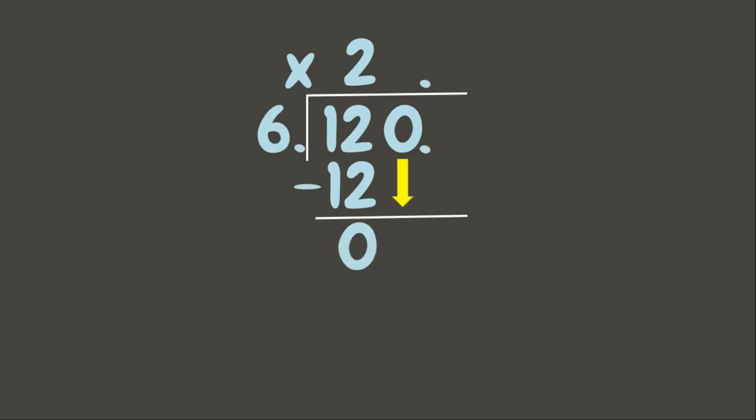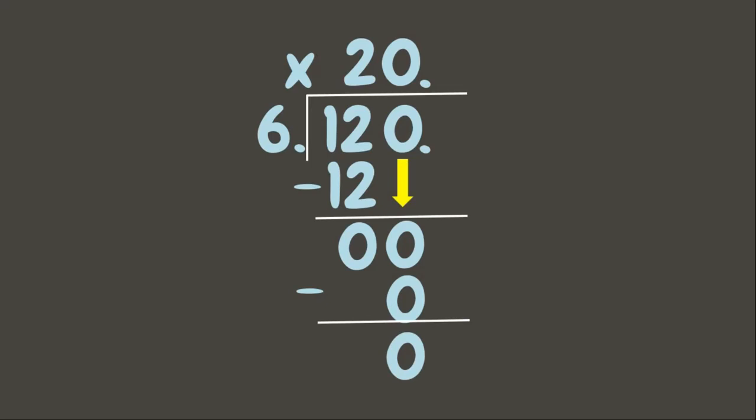Bring down 0. 0 divided by 6 is 0. 0 times 6 is 0. 0 minus 0 is 0. Now our answer is 20. Since it's a whole number, we can already remove the decimal point.